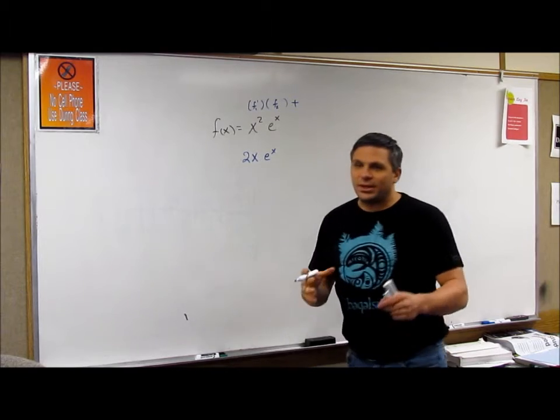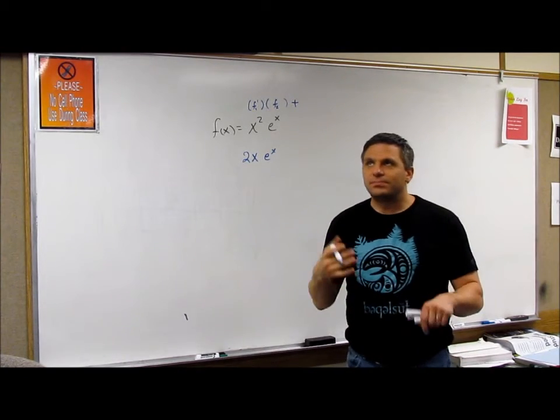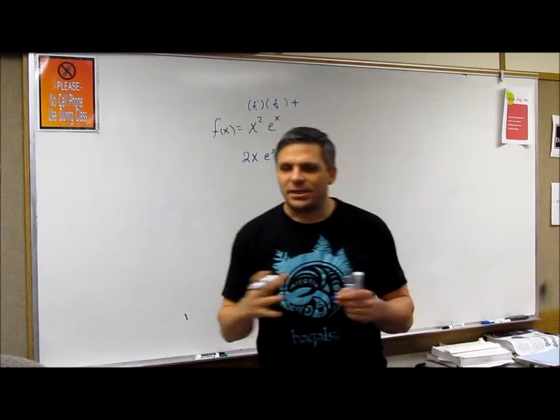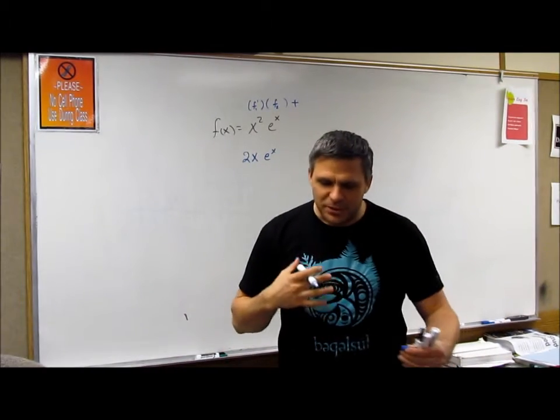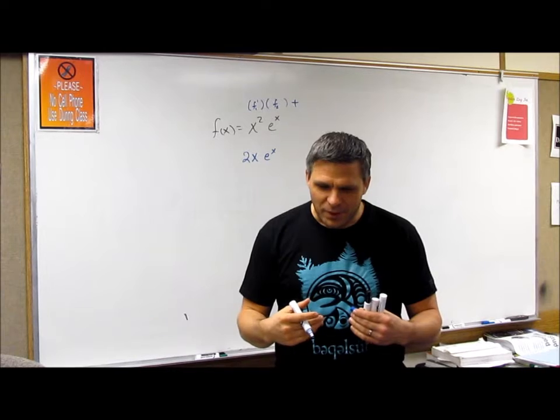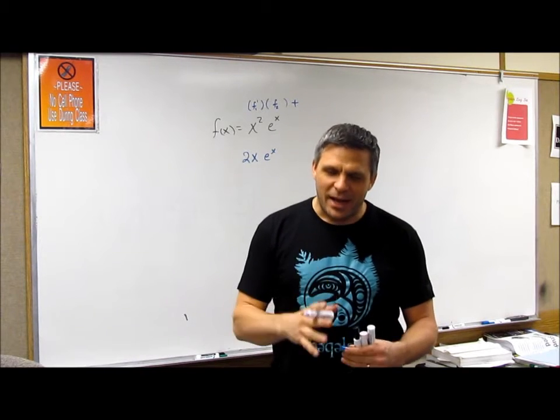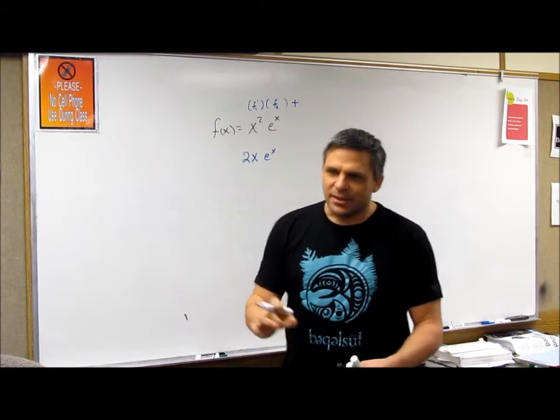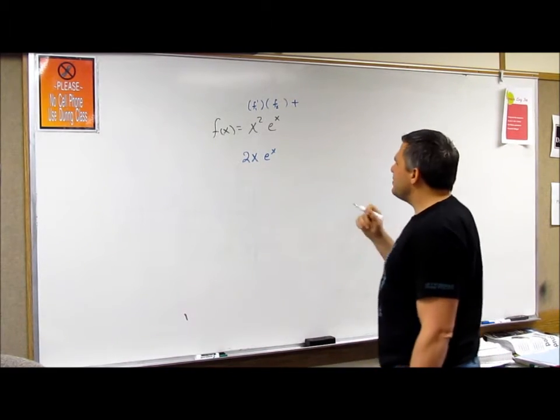And because we're doing product rule, what do you do when you multiply powers? When you multiply two powers with the same base, you add the exponents, right? Same thing's going on here.